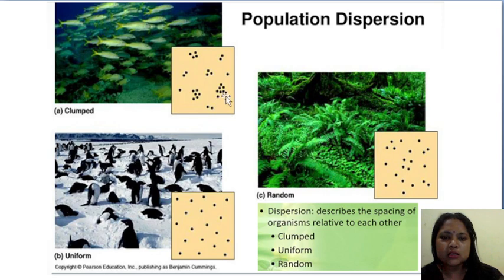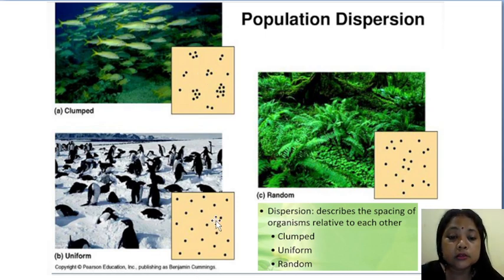Okay, means here see the dot signs. Somewhere the number is 10, somewhere only 1, somewhere only 2, somewhere 3. Means there is no equality in their number in the different places of that particular ecosystem. Okay, that is a clumped system.